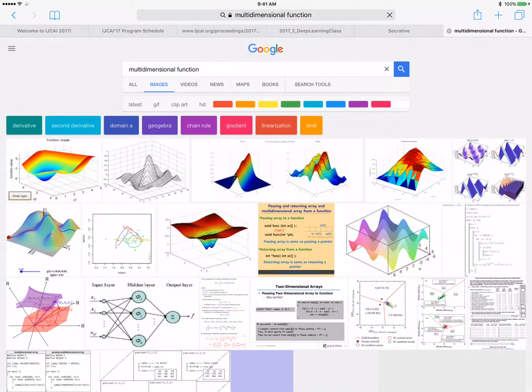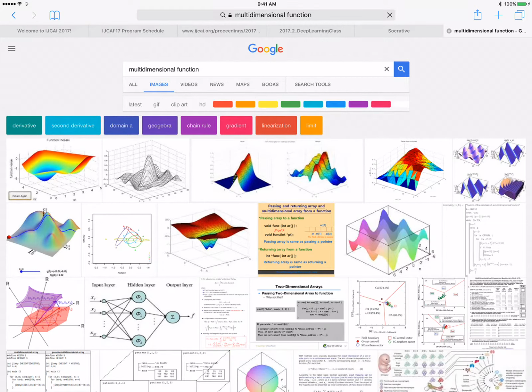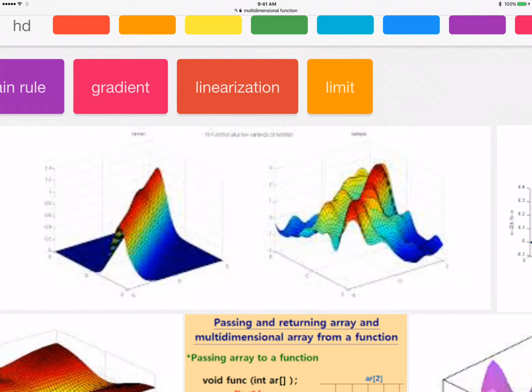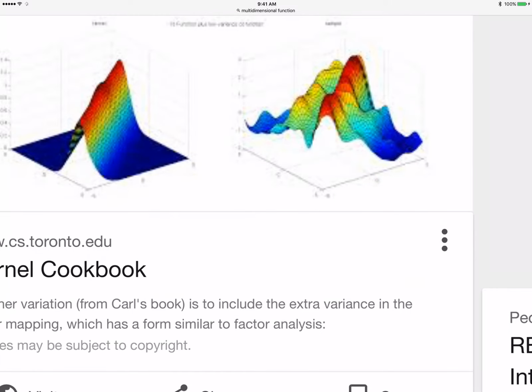For every possible combination of x comma y, we will have some function value z, which is our density value. Some random shape can be shown in this form, with two axes corresponding to the two random variables x and y, and the z value as our density value.